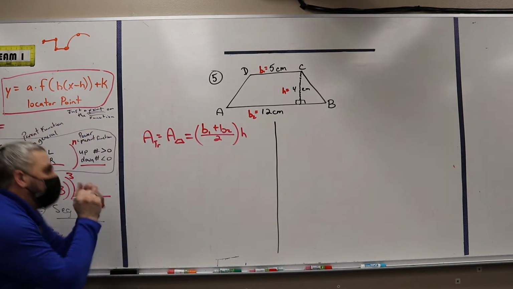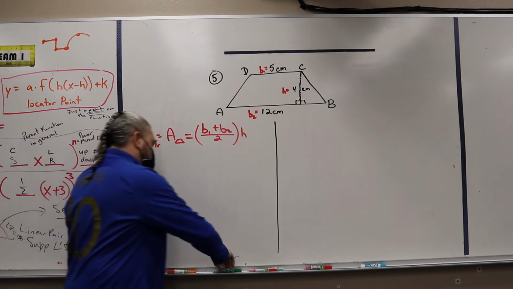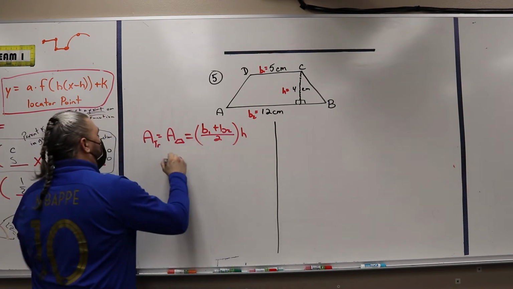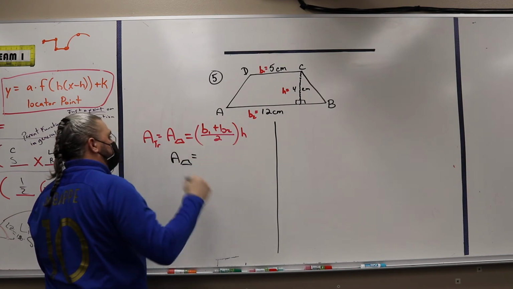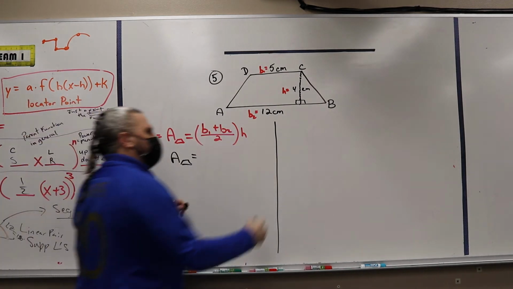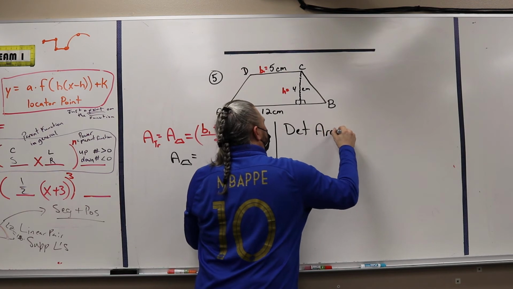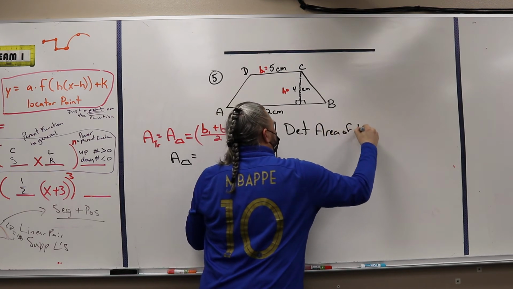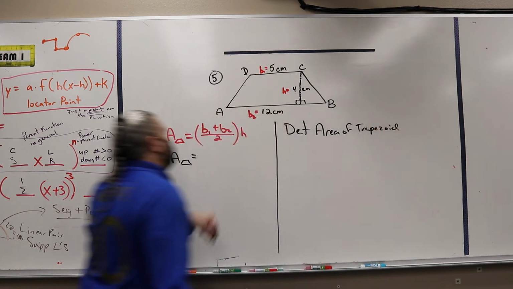Plug it in. Plus 5 plus 12 over 2, times the 4. The area of a trapezoid is equal to, what is this called, by the way? Definition of the area of a trapezoid. Okay?